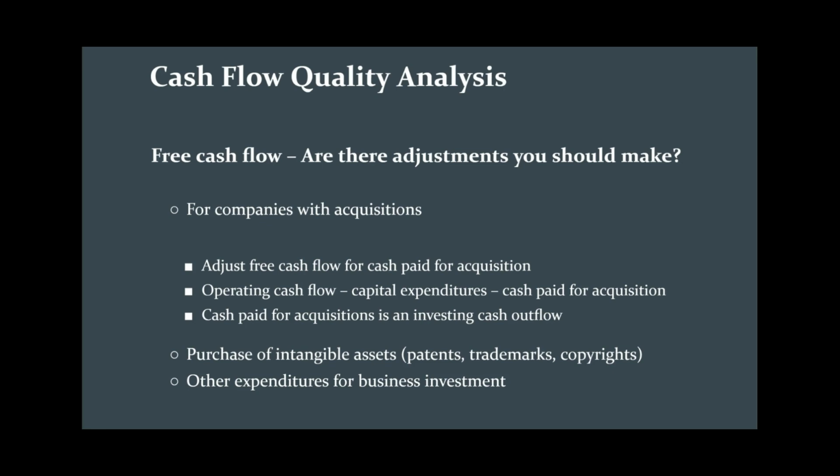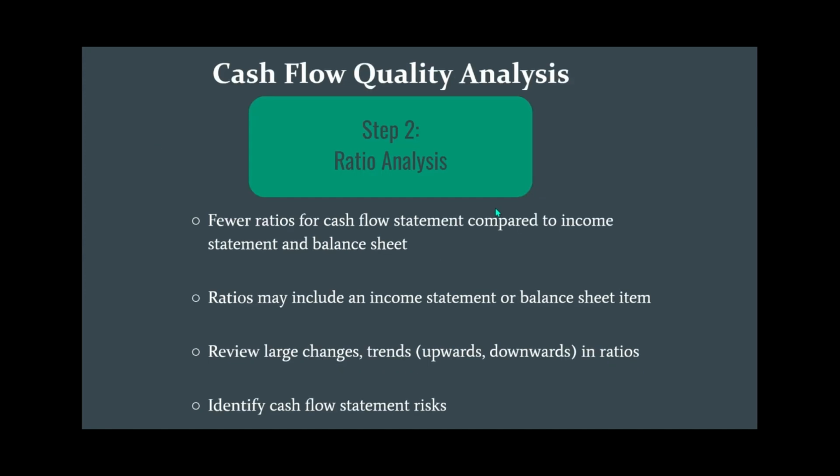So all these non-operating cash flow items need to be backed out of operating cash flow to arrive at your free cash flow. This is the cash flow that you ultimately have to spend. So do not just focus on your operating cash flow, but adjust the operating cash flow for these other items as well.